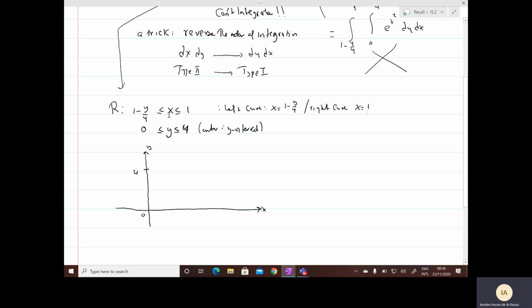You graph them. This is a line. When y equals 4, this becomes 0. When y equals 0, you get x equals 1. So this is the first line.